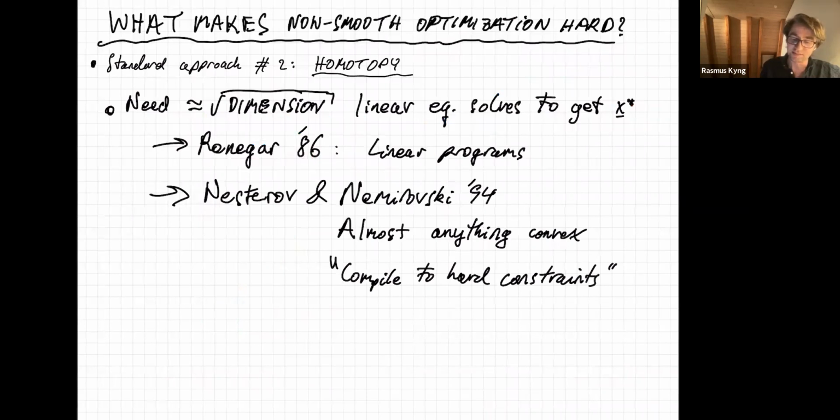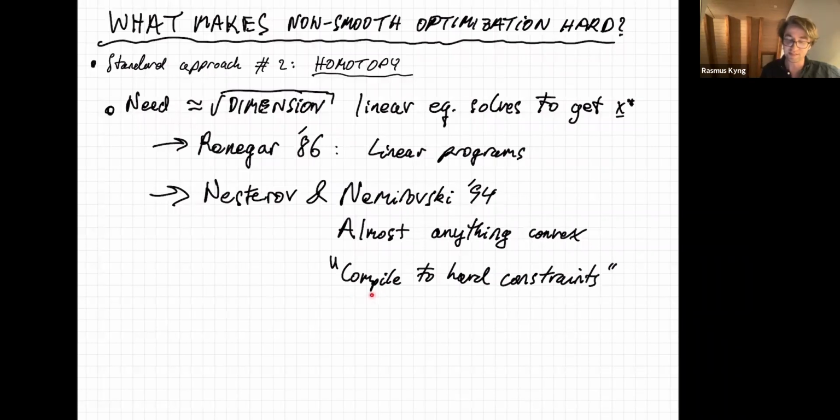Okay, and Renegar showed in '86 that using this kind of idea, you can solve linear programs using square root dimension linear equation solves, roughly speaking. Then Nesterov and Nemirovsky showed in '94 that you can actually do almost anything that's convex. So not just linear programs, pretty much any convex problem you can solve this way.